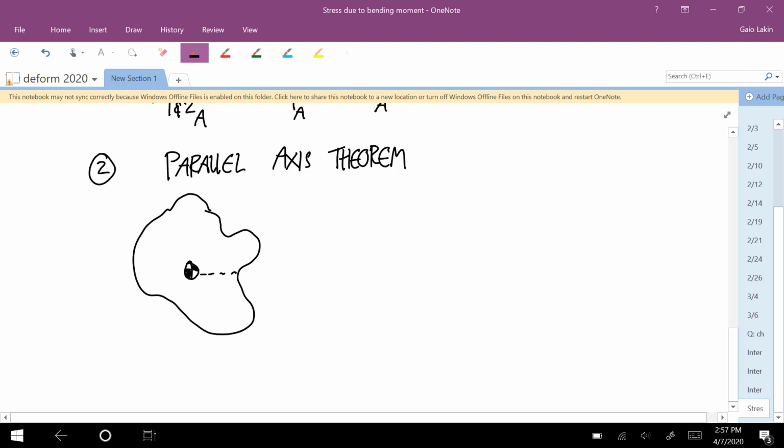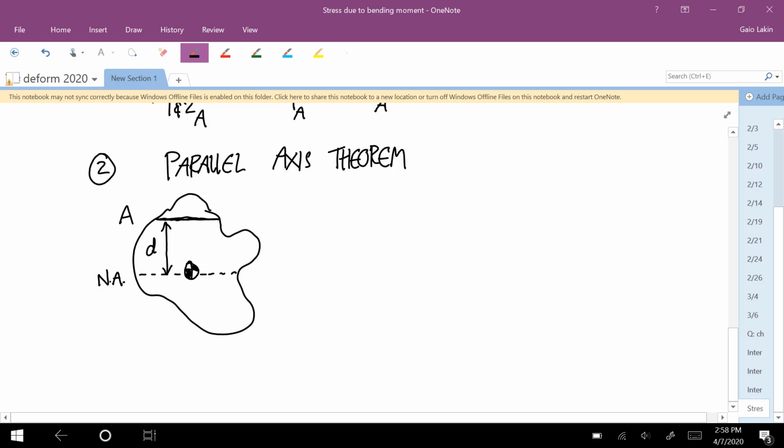And say that we know the area moment of inertia of this shape about this axis, and say that we want to calculate it about this axis A. Okay, so this is the neutral axis. That's the horizontal axis that goes through our centroid. This is the axis A that we want. And let's say that the vertical distance between those two is D.